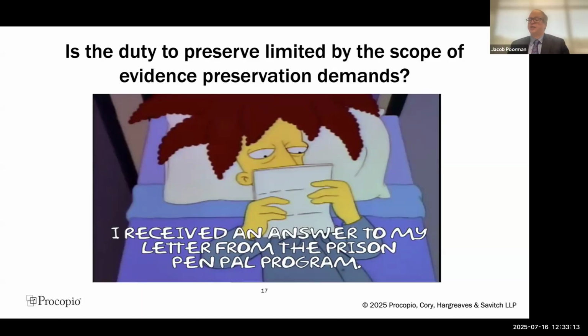Similarly, courts have held that the types of records that the recipient is obligated to preserve can be limited by the evidence preservation demand. For example, where an evidence preservation demand did not specifically reference social media accounts, the court found that the defendant's failure to preserve its Facebook account did not constitute spoliation or the intentional destruction of evidence.